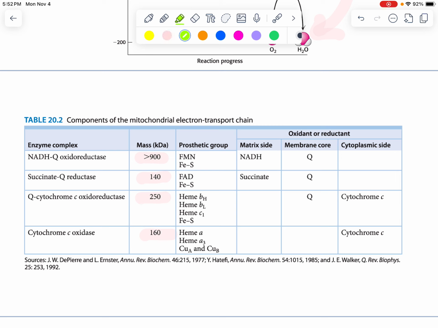Something else to note, notice all these prosthetic groups. This one right here is flavin mononucleotide. It's similar to the flavin adenine dinucleotide we looked at earlier.